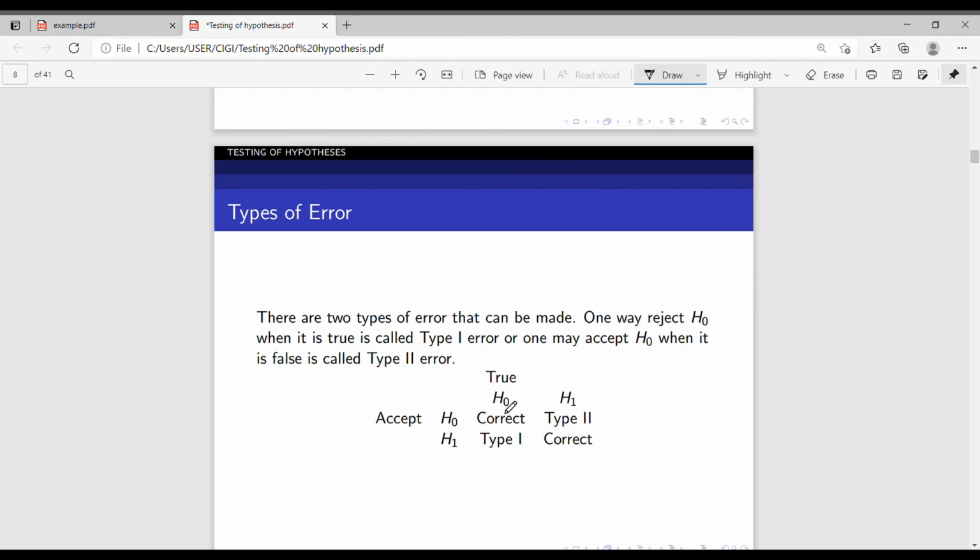H0 is true and we are accepting H1, it is an error known as type 1 error. When H1 is true and we are accepting H0, it is type 2 error, and when H1 is true and we are accepting H1, it is again a correct decision. So the possible two errors are type 1 and type 2 error. The major one is type 1 error.